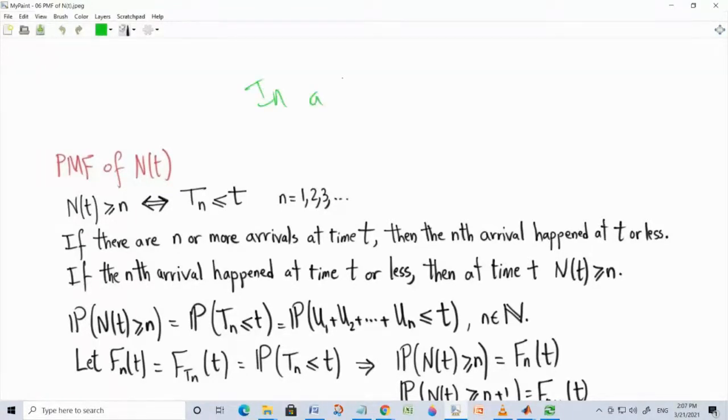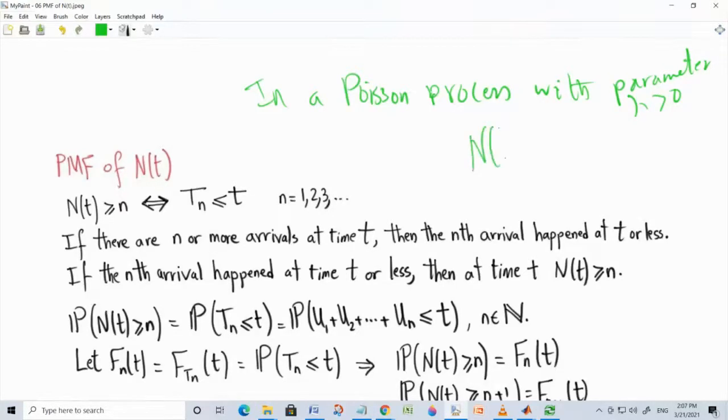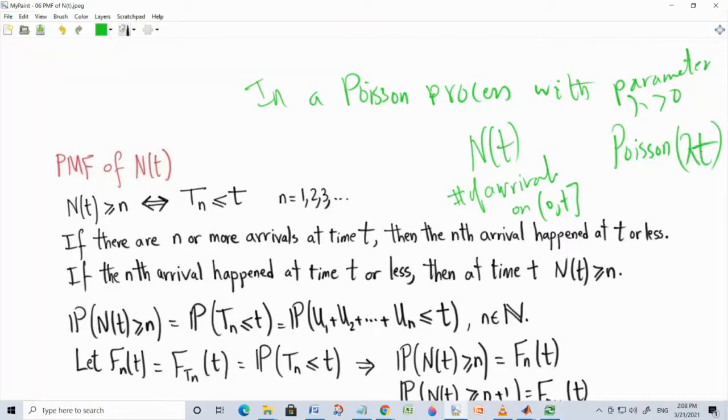In a Poisson process with parameter lambda greater than 0, the number of arrivals on 0 to t is Poisson with a parameter equal to lambda multiplied by t.